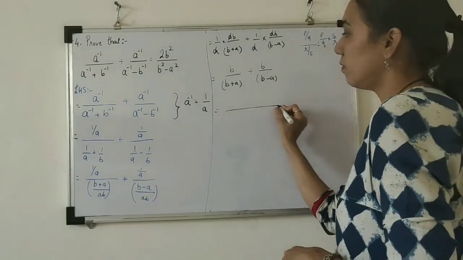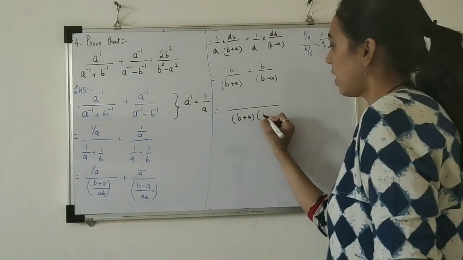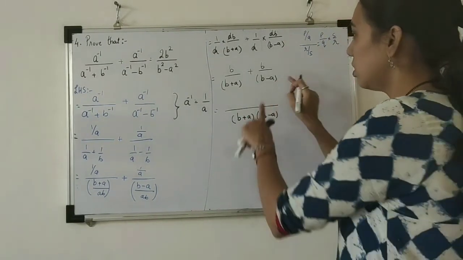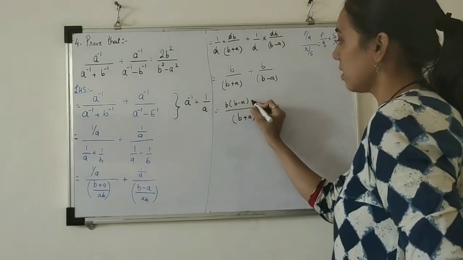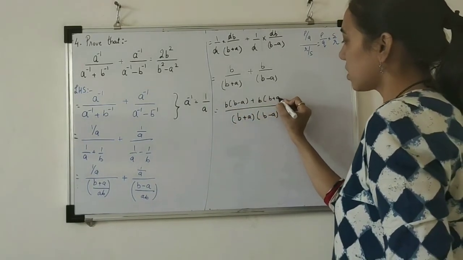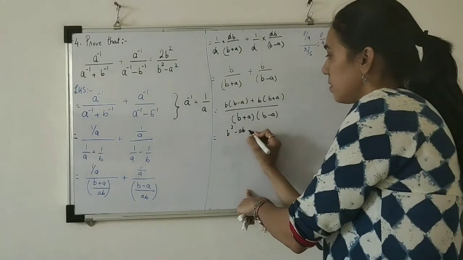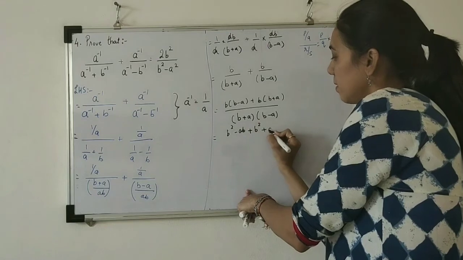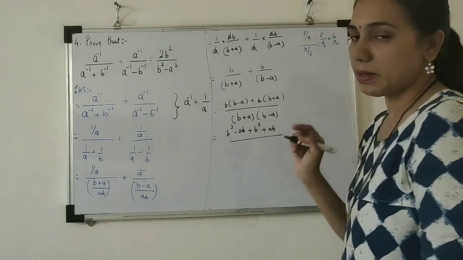Now we'll take the LCM. So in the denominator we are going to get b plus a and b minus a multiplication. This will be multiplied with this, we will get b into b minus a plus b into b plus a. So we'll get b square minus ab plus b square plus ab upon b minus a and b plus a.